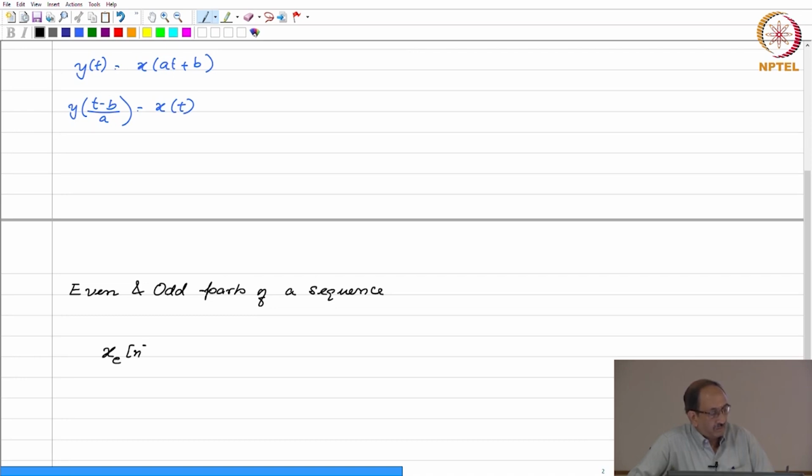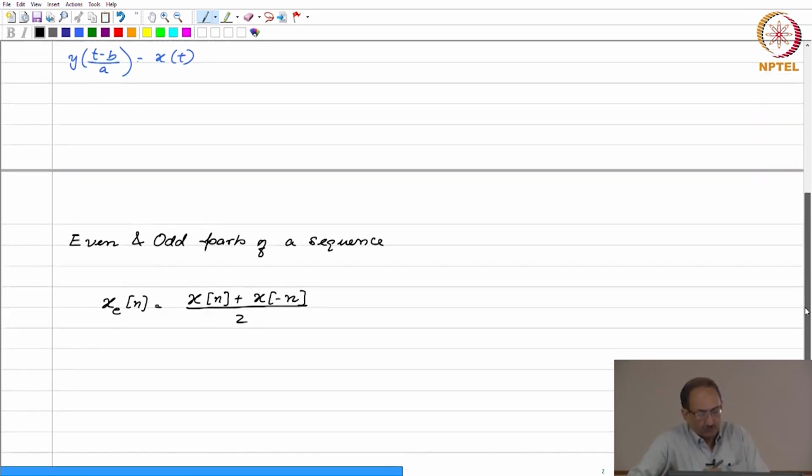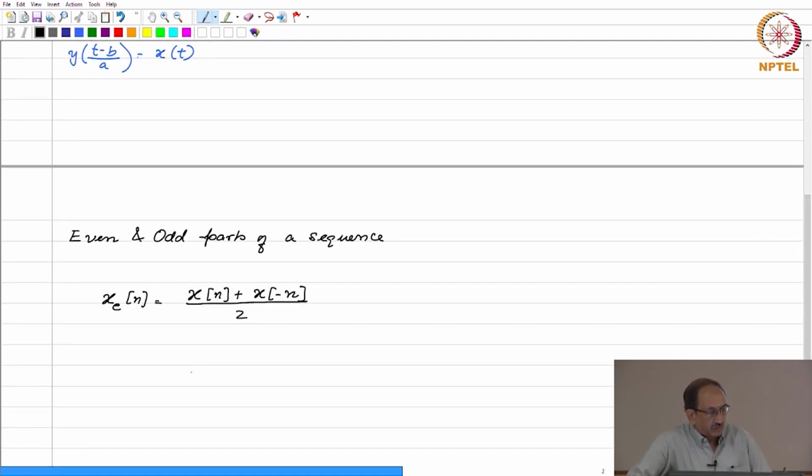x_e of n equals x of n plus x of minus n by 2, and this is very similar to x_e of t being x of t plus x of minus t by 2, and you can easily verify that x_e of n equals x_e of minus n.